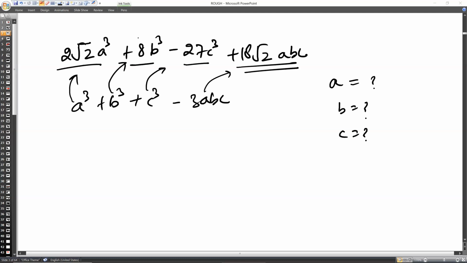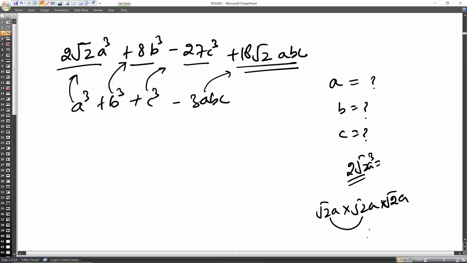The value of A is... root 2 a cube is the cube of which number? Root 2a cube is the cube of root 2a. When you cube it, root 2a into root 2a into root 2a, three times.